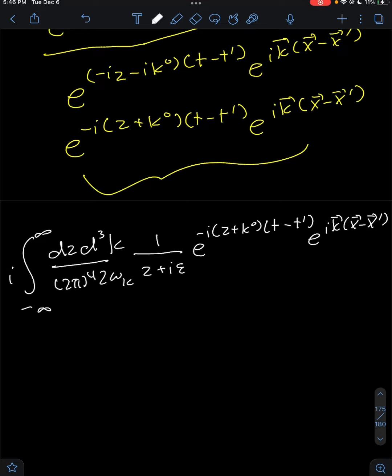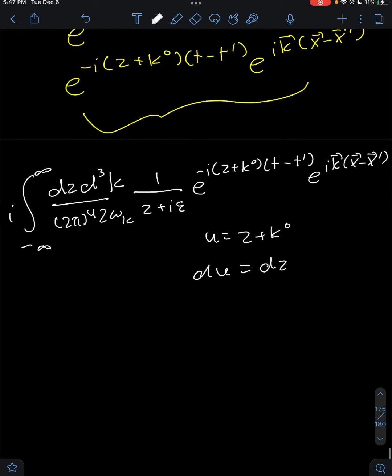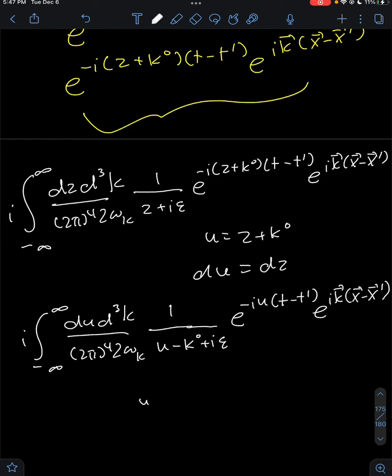So now we're going to use a u-substitution technique. Let u be equal to z plus k_0. That means that du just equals dz. Doing that u sub helps simplify our integral a little bit.